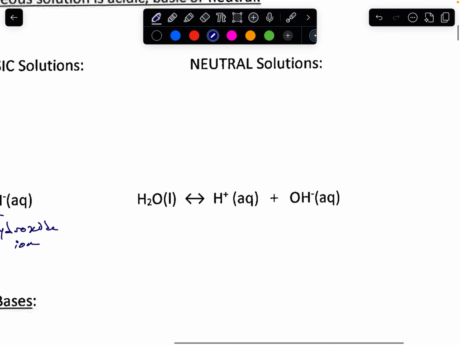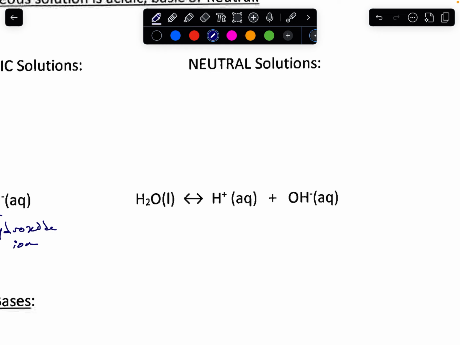Now, little aside here, chemists are lazy. Fully, I will admit that. I don't always have to put that water in there. A lot of times we will see things in acid-base chemistry without the water because we understand that the water is there, but we don't always want to write it in because sometimes it makes things too messy.